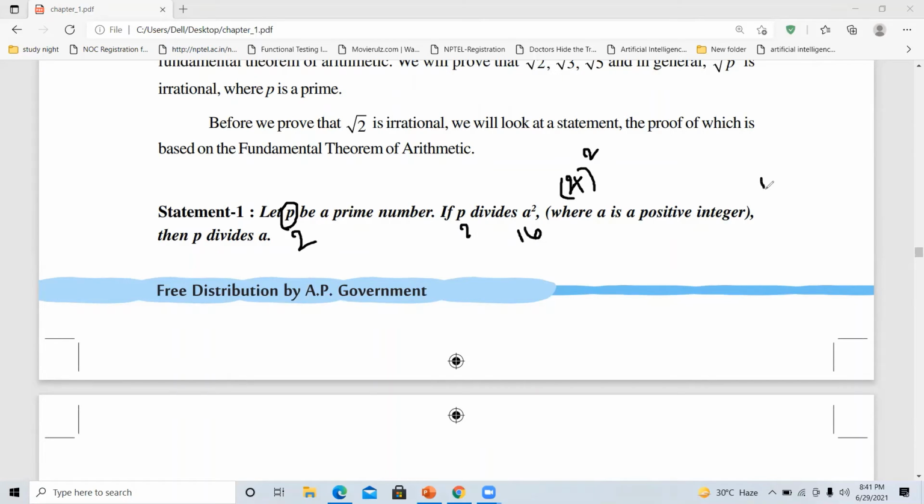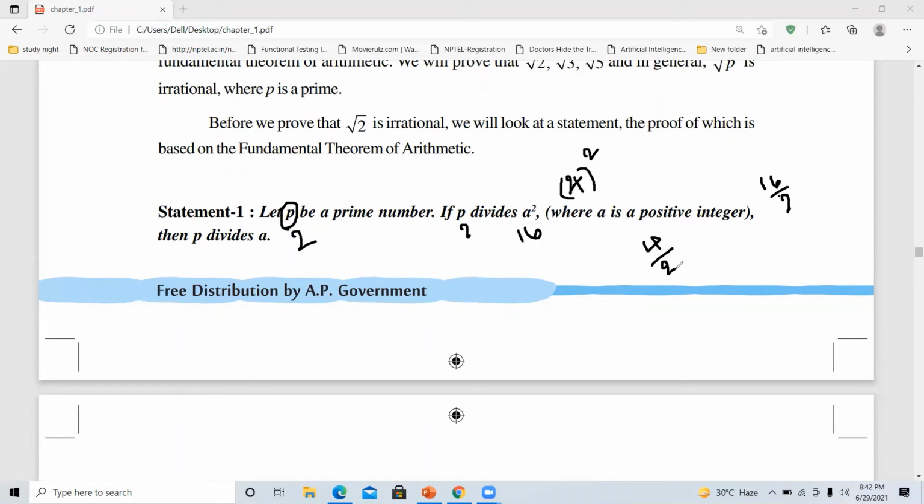And hence I am dividing 16 with 2. If I divide 16 with 2, we all know that it will give you a remainder 0, and hence 2 can easily divide 16. So now I am checking whether it is dividing a or not. Since we took a as 4, now I am dividing 4 with 2.